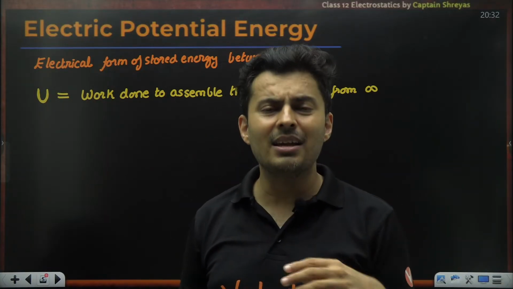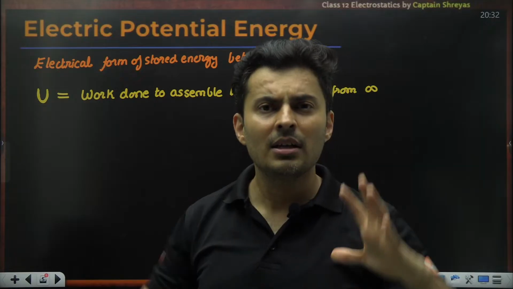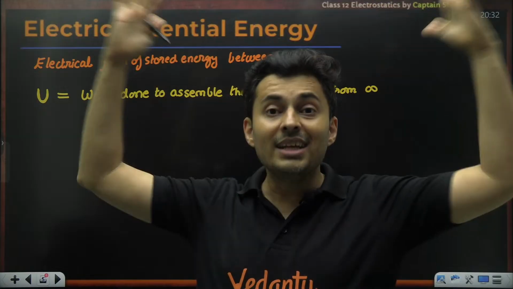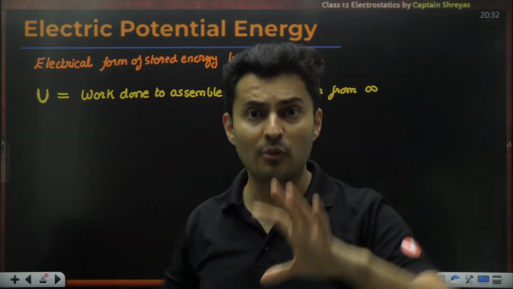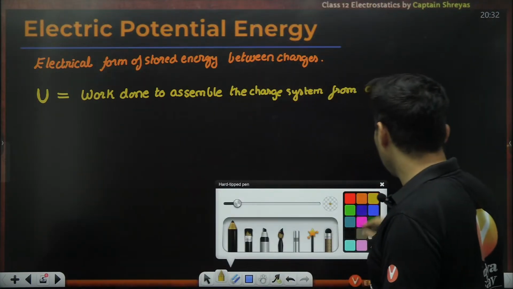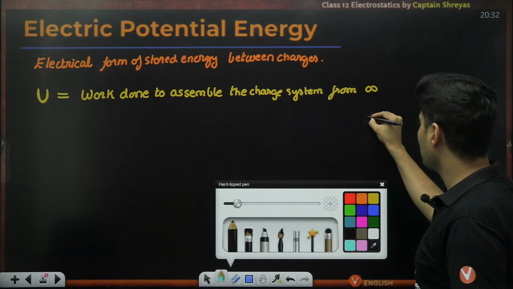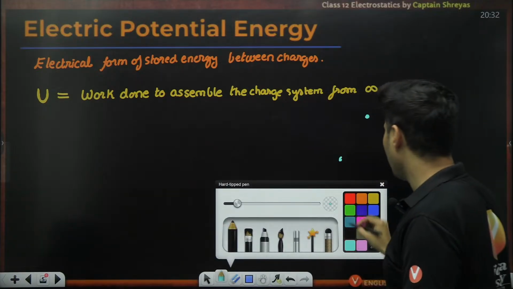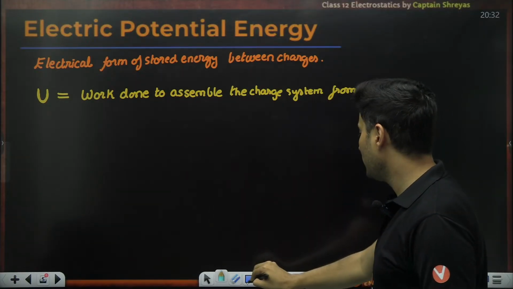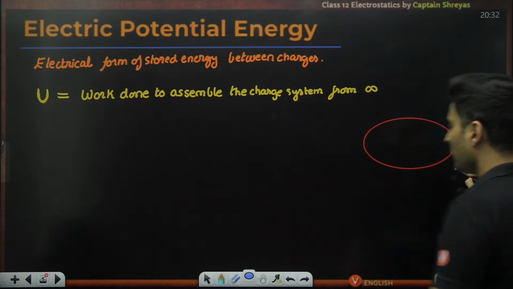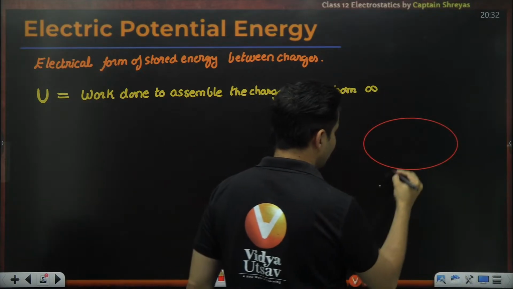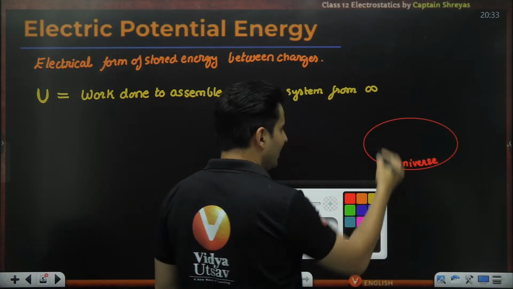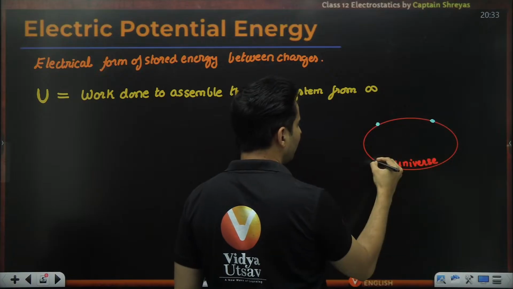So usually in gravity, electrostatics, magnetism, or such concepts, we take the potential energy at infinity as 0, when the system of charges is very, very far away. Just imagine these are our charges, this one, this one, this one, very far away, almost at the boundaries of the universe.